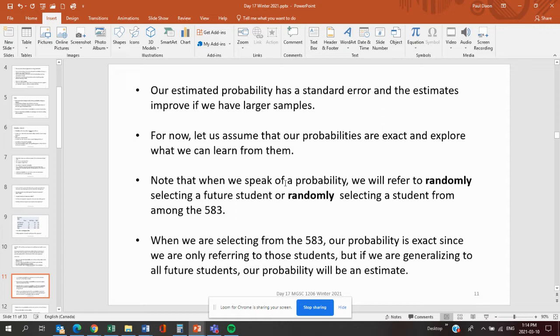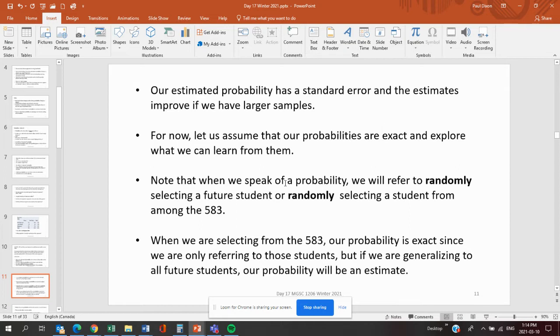I want to focus at the moment on just understanding the numbers, the percentages we get. We do know that if we had a bigger sample, if this was 583,000 students, then our estimates would be very accurate. I'm not going to worry about the accuracy of the estimates. I want to just understand what the probabilities represent and what we can learn from them.